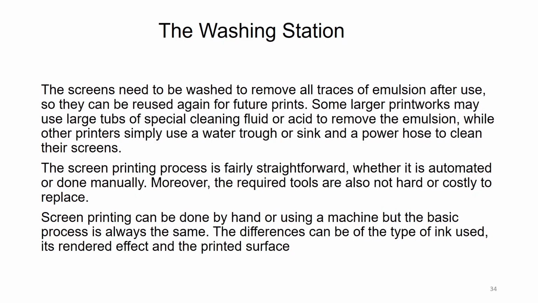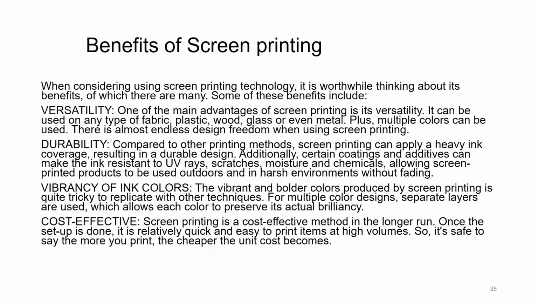So, it is a very straightforward printing process, whether automated or manual. Accordingly, the tools are chosen, and very few things are required in screen printing. A stencil is required, a fabric is required, and the printing ink is required, and with that printing ink one can do the printing very carefully using a squeegee. And then finally, there is a washing station.